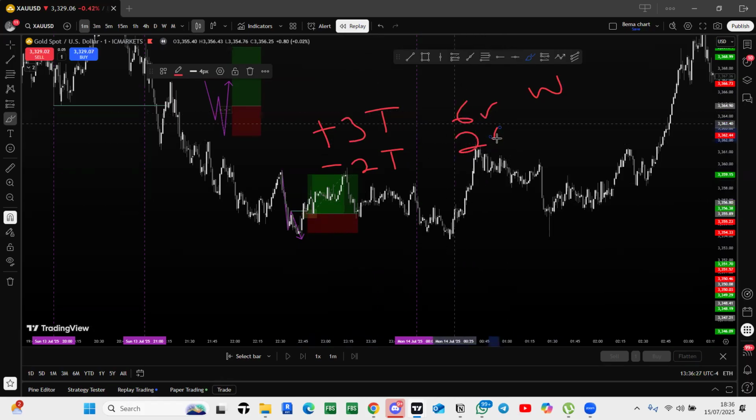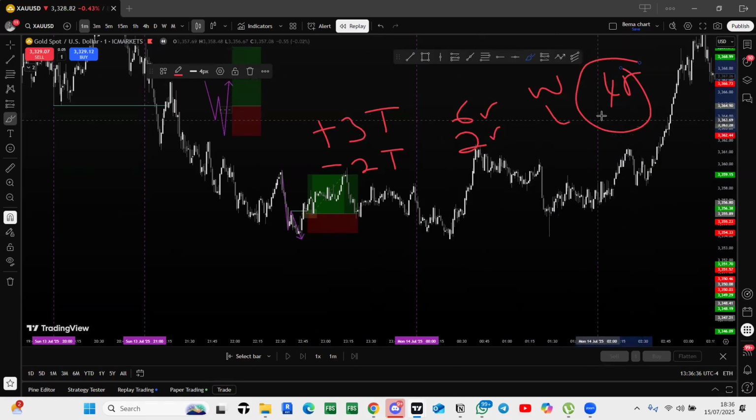So 6 minus 2, that's 4R. If your risk is 1%, that means your win is 4% per week.